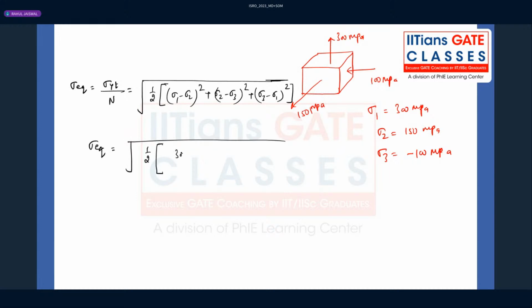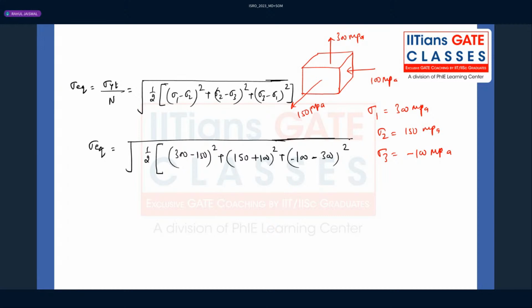Sigma 1 minus sigma 2, 300 minus 150 whole square, 150 plus 100 whole square, 100 minus 300 whole square. Sorry, what I'm writing here, sigma 3 is minus 100, and that will be minus. Right.